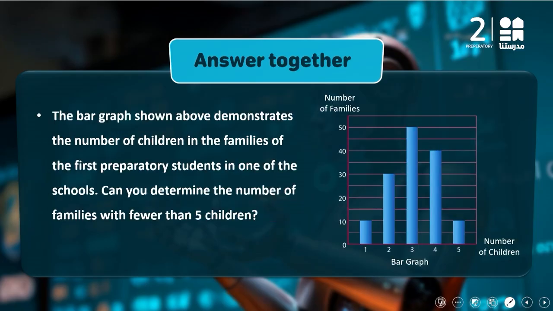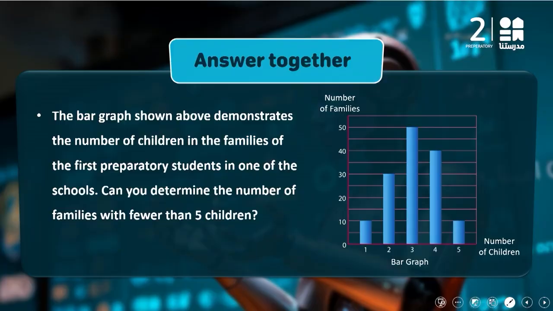Let's look at this example. We have a bar graph demonstrating the number of children in families of first preparatory students in one of the schools. Can you determine the number of families with fewer than 5 children? Fewer than 5 children means families with 1, 2, 3 or 4 children.